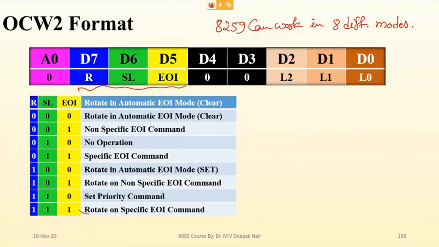So what are the different modes? You don't have to remember, but just for information: EOI end of interrupt mode, rotate in automatic, end of interrupt mode clear. Just a second.